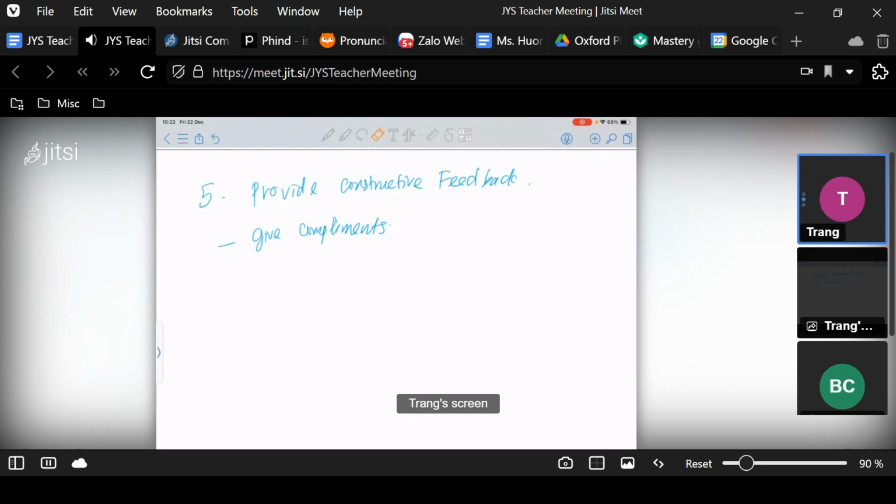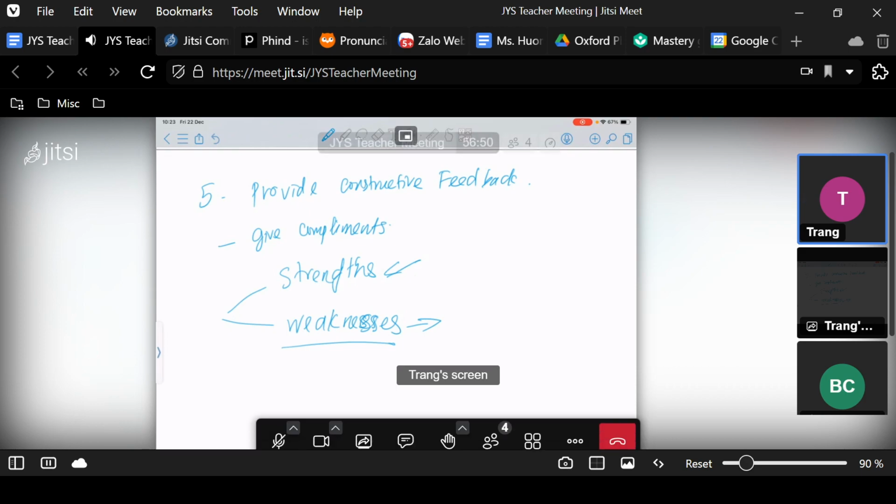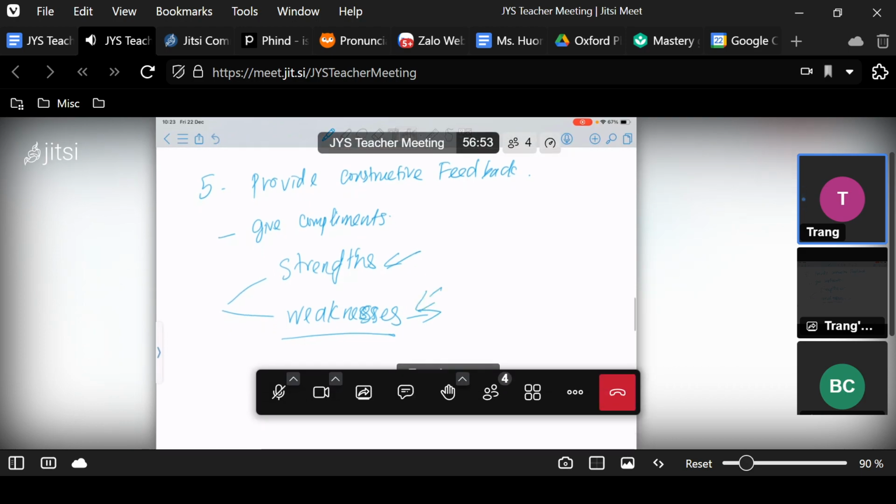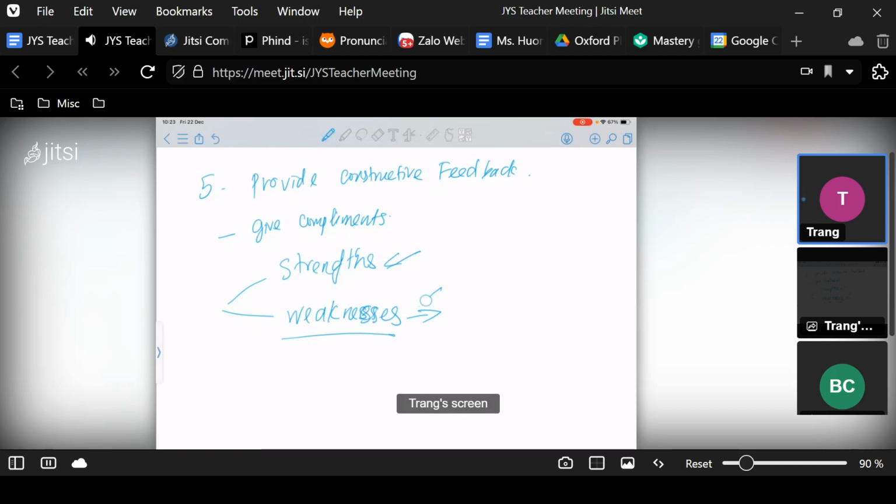We can focus on their strengths and weaknesses. The weaknesses are the areas for improvement, and we base on them to guide the students' learning.